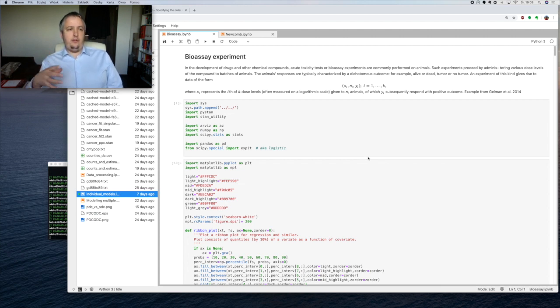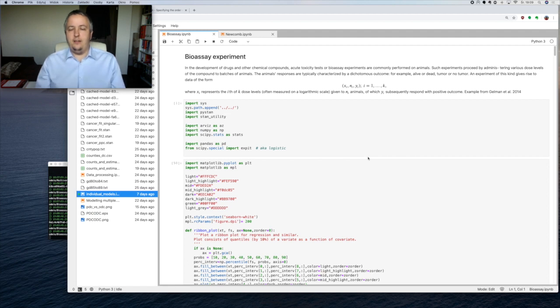Then you conduct an experiment with the same series of mice but with a different dose. And the results from those experiments are usually binary. So you have either alive or dead, tumor or no tumor, something like that.